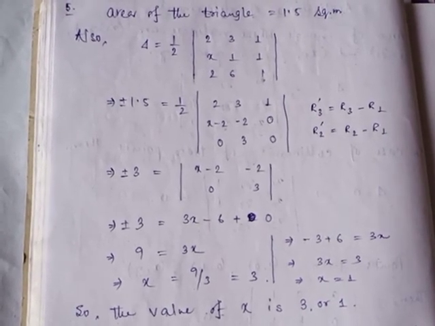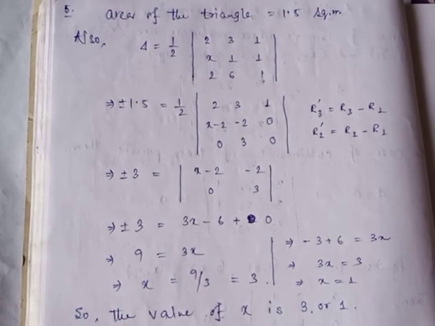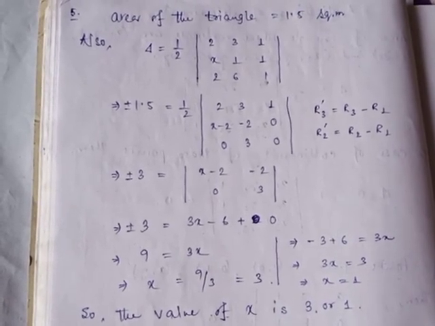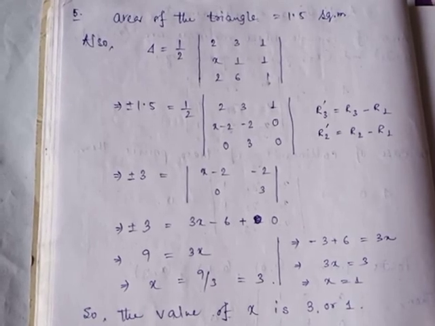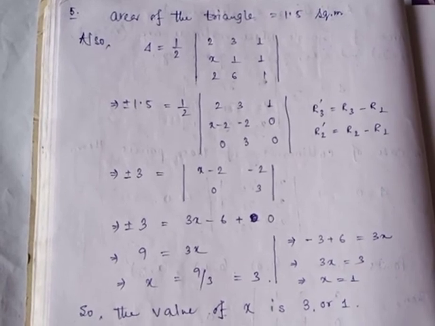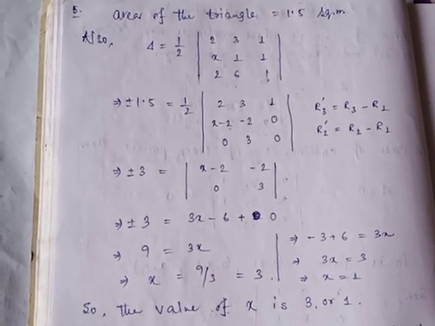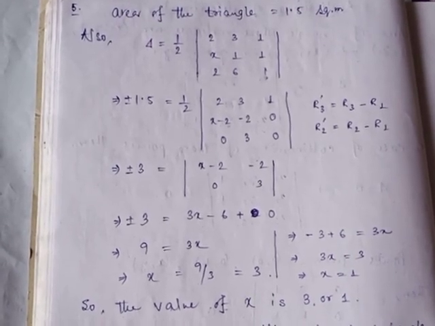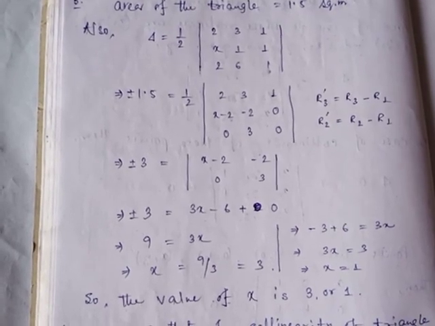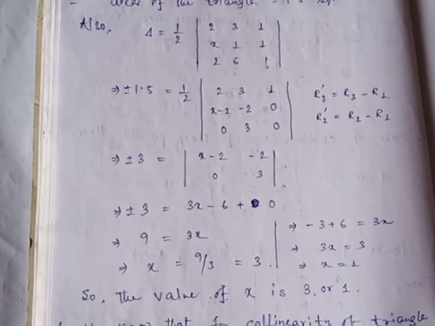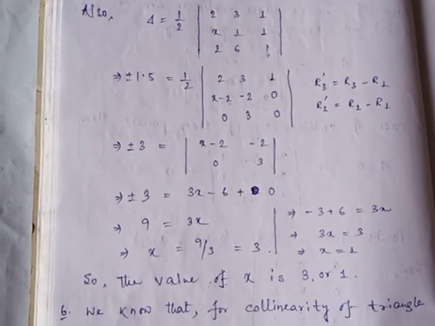Applying R3' equals R3 minus R1, R2' equals R2 minus R1, we can write 2, x-2... Now plus or minus 3 equals x minus 2. Now taking positive and negative values, we get 3x equals 9, that means x equals 3, and 3x equals 3, that means x equals 1.